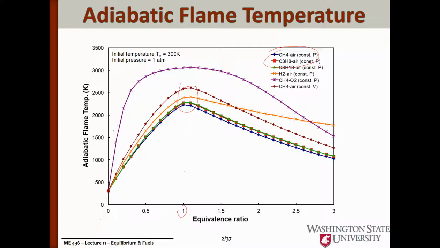There is a significant difference, though, when you go to burn things in pure oxygen. So that nitrogen dilution has a big impact on the flame temperature. If we're starting with room temperature gases, we're expecting basically everything to burn between 2100 and 2500 at stoichiometric conditions.